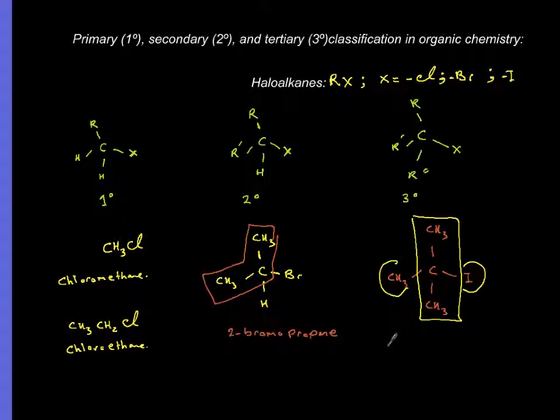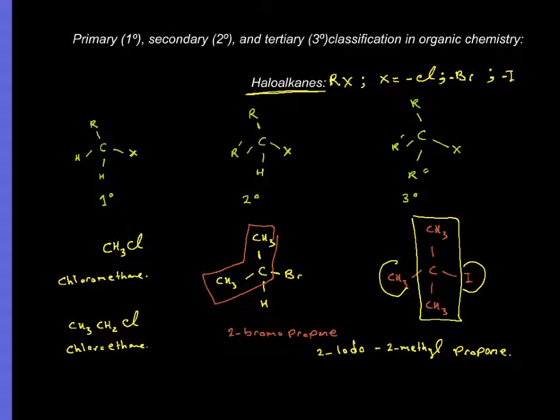So this is 2-methyl. I'm going to put iodo before this because we have to respect alphabet, so it will be 2-iodo-2-methyl, and then the last name propane. So examples of tertiary, secondary, and primary that apply to haloalkanes, extremely important for their reactions.